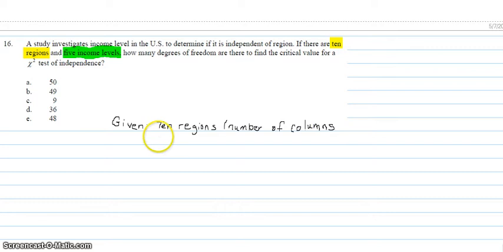And we also know that there are 5 income levels. And that is our number of rows.